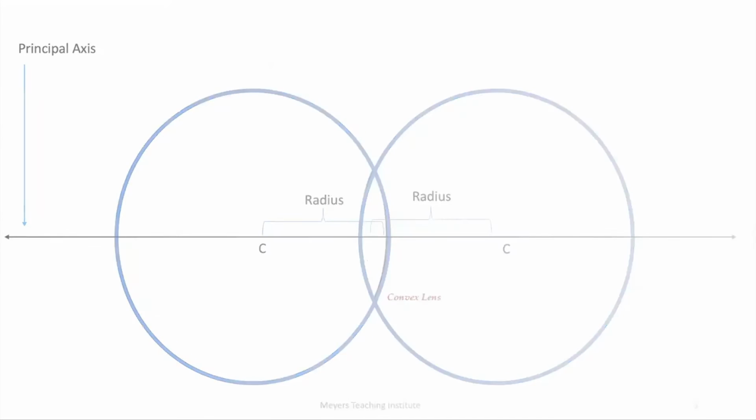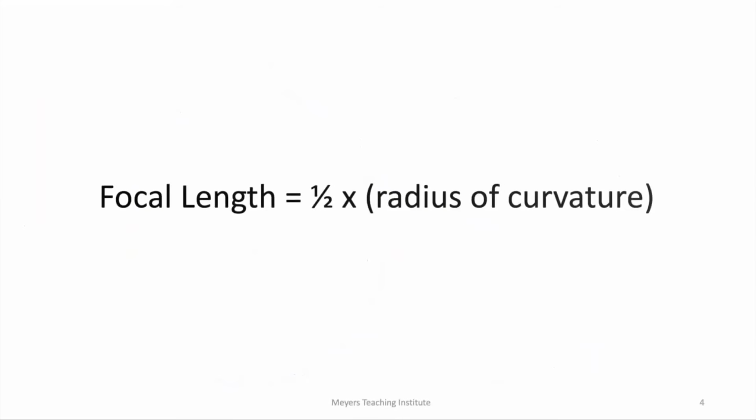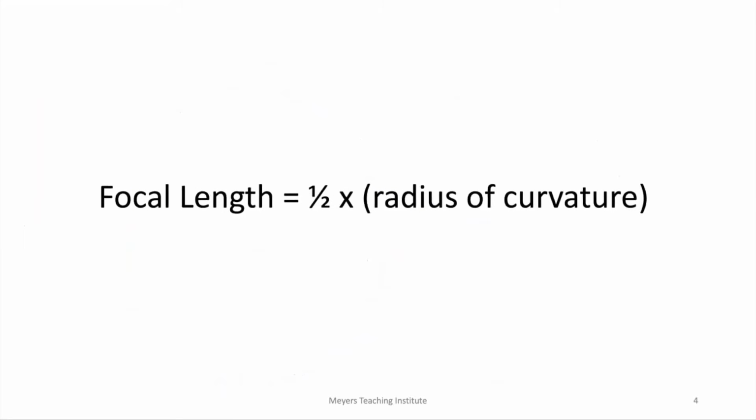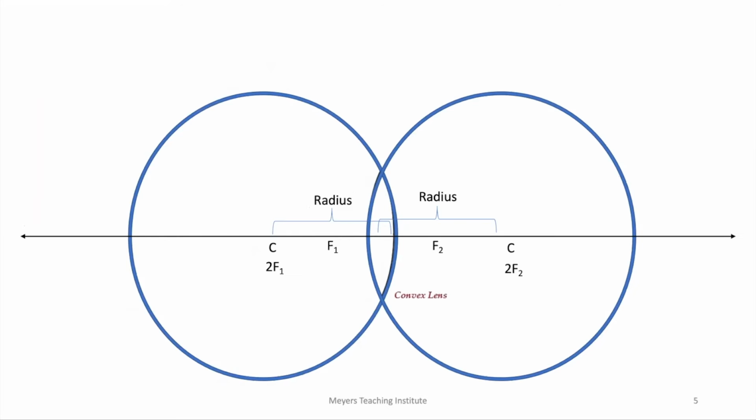However, I would like you to make a note that the focal length is always half the radius of curvature. So therefore, we could draw the focus point, which we denote as F1 for circle 1 and F2 for circle 2. And therefore, we get the respective focal lengths.